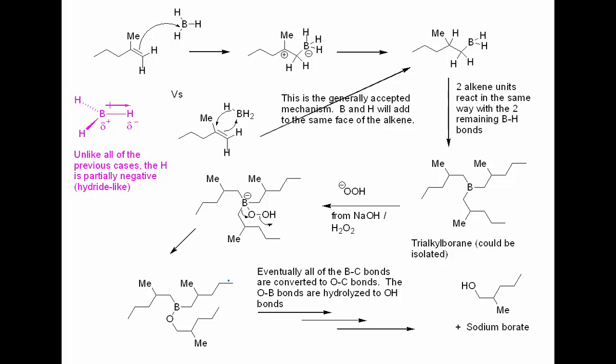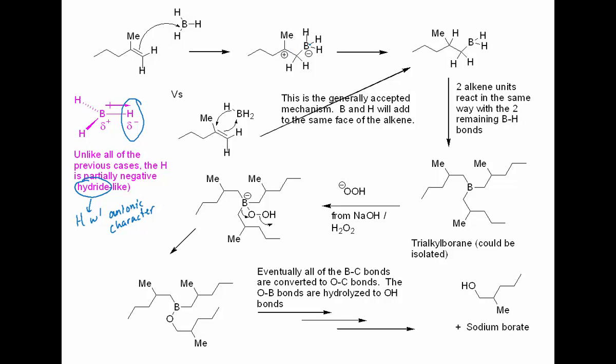One of the differences of BH3 versus every other hydrogen source that you've seen is that BH3 is a source of hydrogen with a partial minus charge, and we call this a hydride, as opposed to a proton, which has H plus character. Okay, so this empty p orbital at boron is the electrophile. We can imagine that our arrows are going this way.